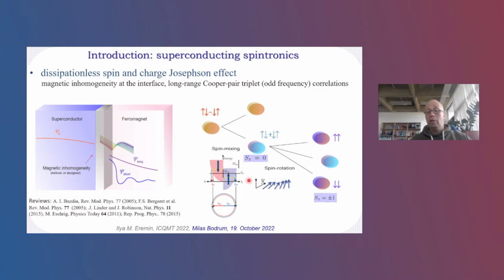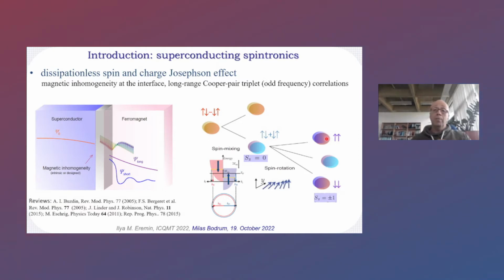First you get spin mixing, and second, because of the spin rotation, out of the originally spin triplet component, which is a total S equal to 0, you can create a component of the Cooper pair wave function which is spin polarized.